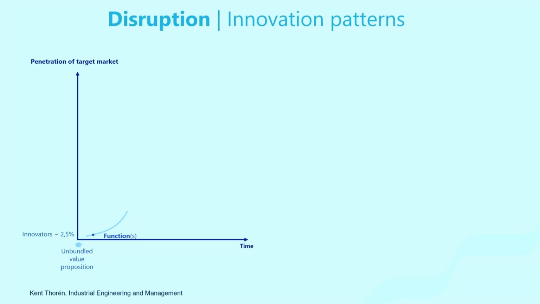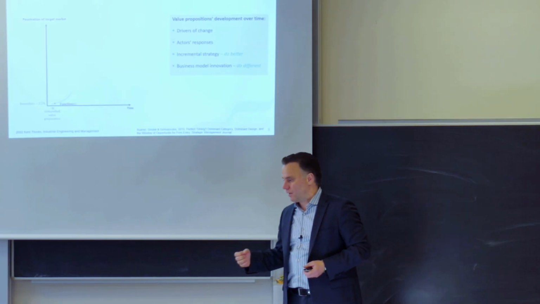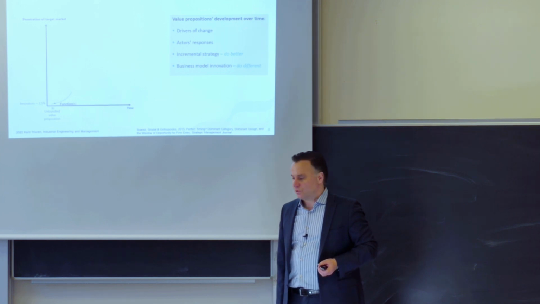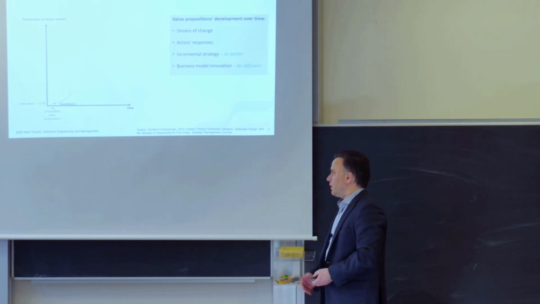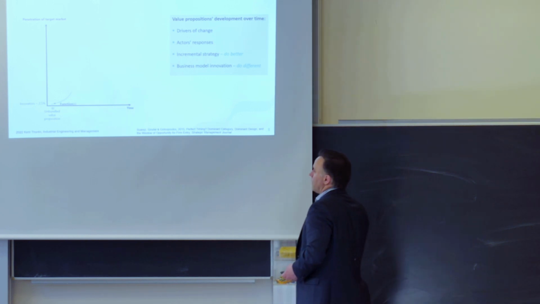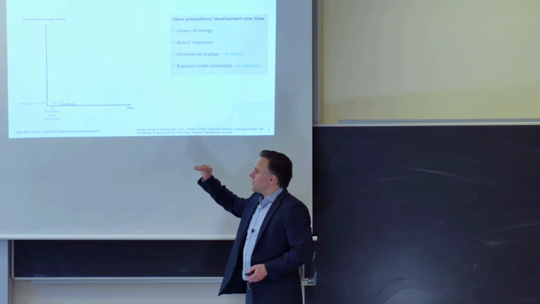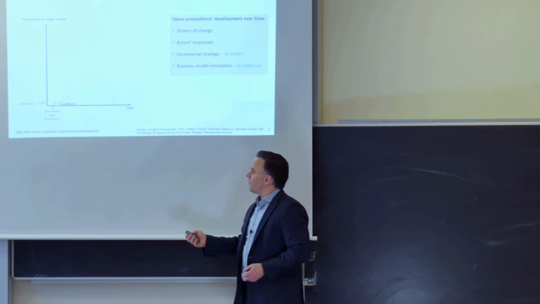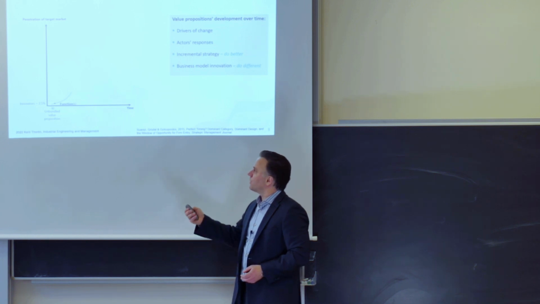And first, the innovators are going to accept this. They like things that are new. They will be trying it. They might even give you feedback and suggest that some bugs could be fixed, etc. And it starts to incrementally improve. Then, as you get more and more customers, you move up on this adoption curve, which is the left curve.